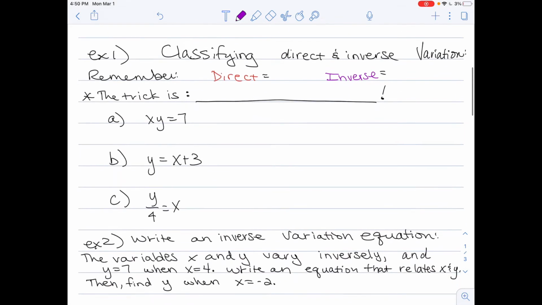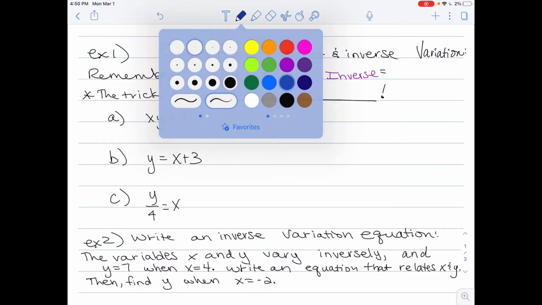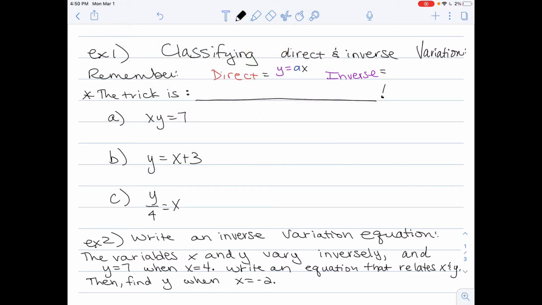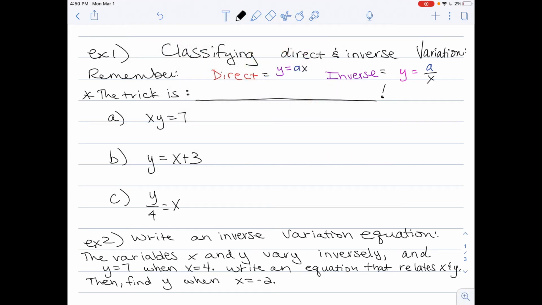So let's talk about classifying direct and inverse variation. Keep in mind the trick is that direct variation looks like y equals some number a times x, whereas inverse variation looks like y equals the number a, but instead of being multiplied by x, we're dividing by x.